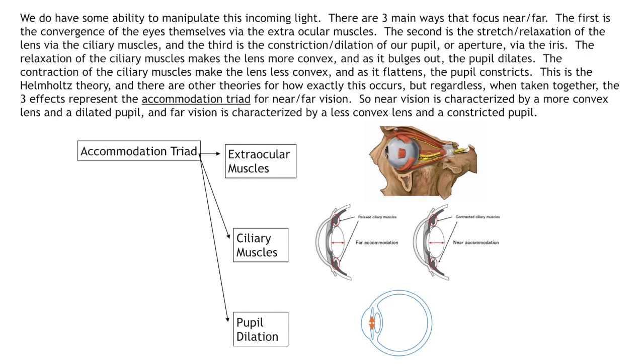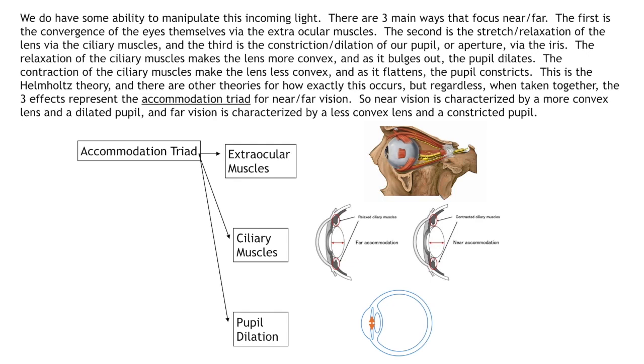The relaxation of the ciliary muscles makes the lens more convex, and as it bulges out, the pupil dilates. The contraction of the ciliary muscles makes the lens less convex, and it flattens, and the pupil constricts.